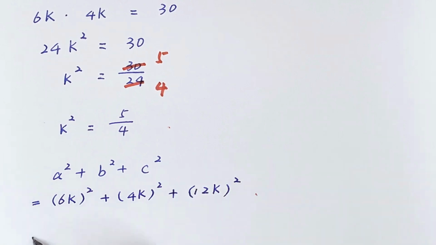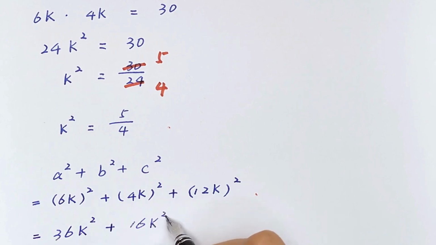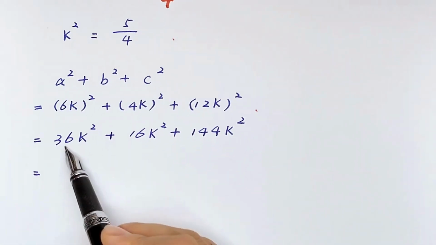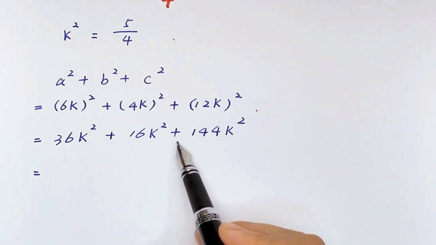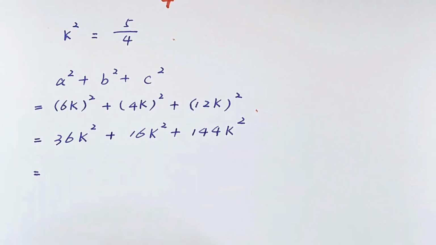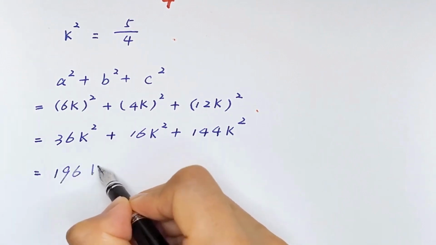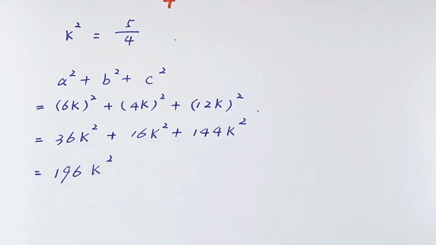Then this will be equal to 36K squared plus 16K squared plus 144K squared is equal to 36 plus 16 plus 144 is 196K squared.